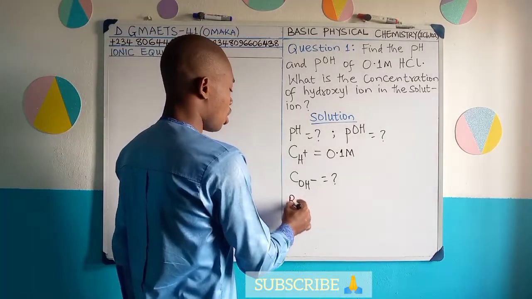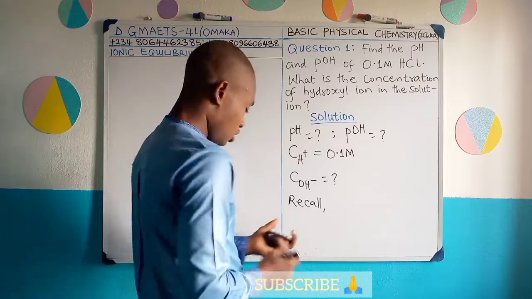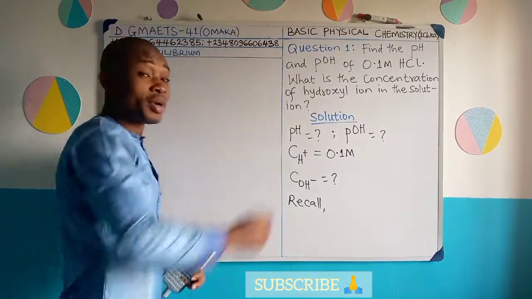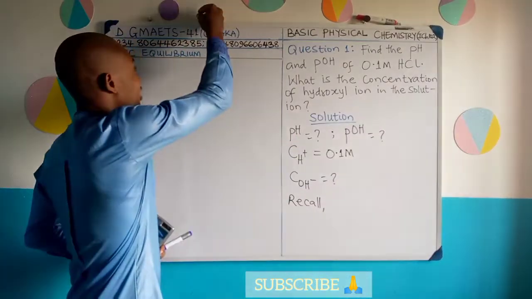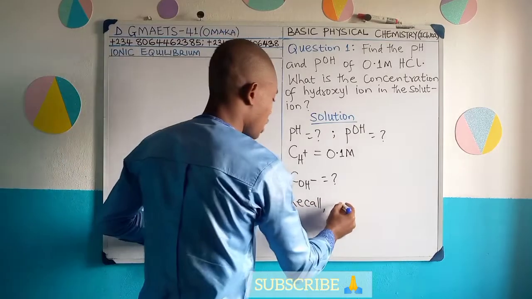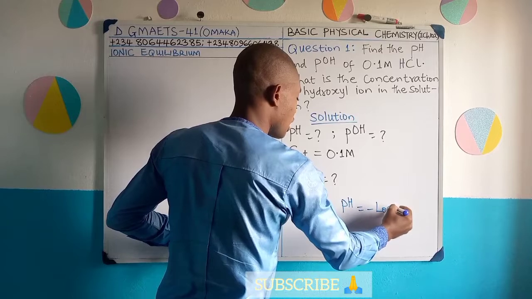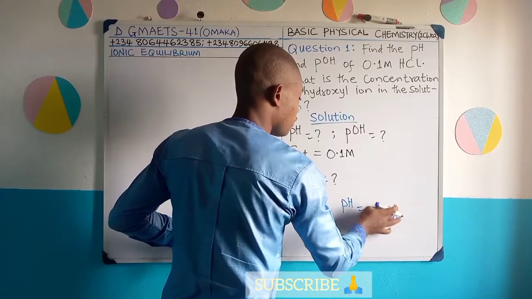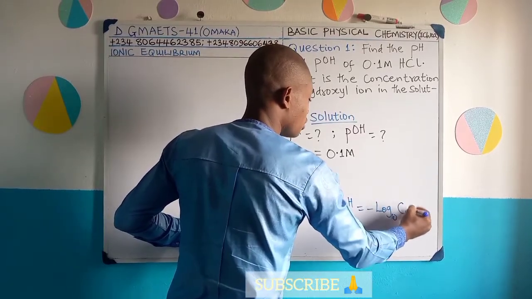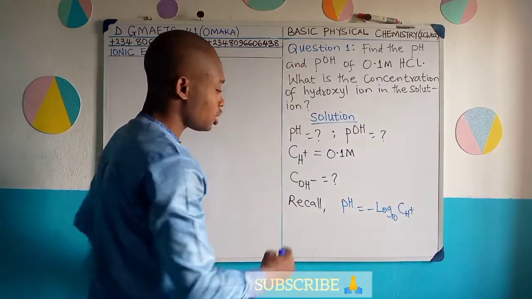So I'm going to write recall. Let me use blue marker to write the formula, okay? So we have to recall that pH is equal to negative log to base 10 of hydrogen ion concentration. So that's the formula for pH.